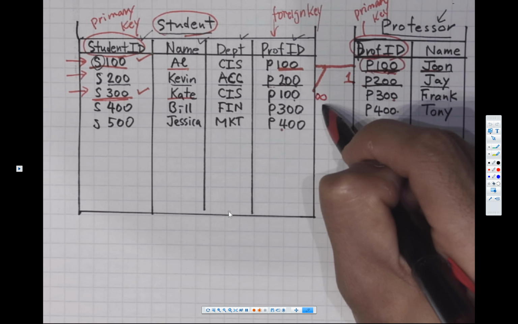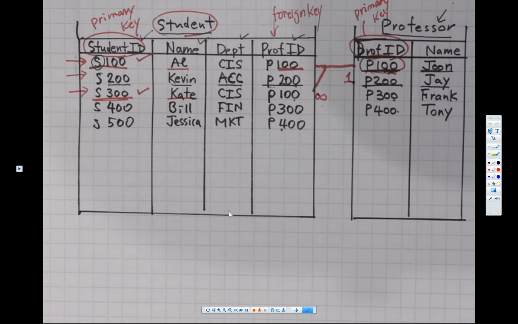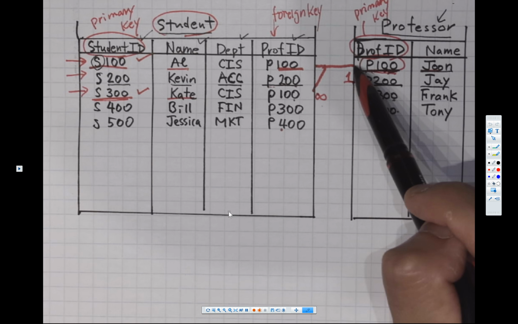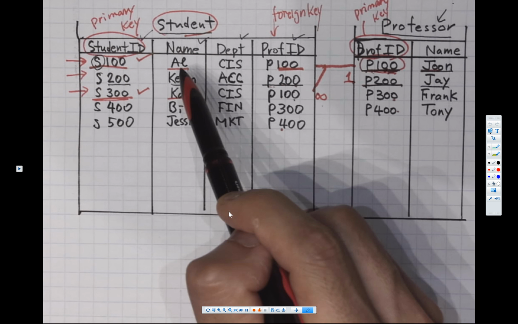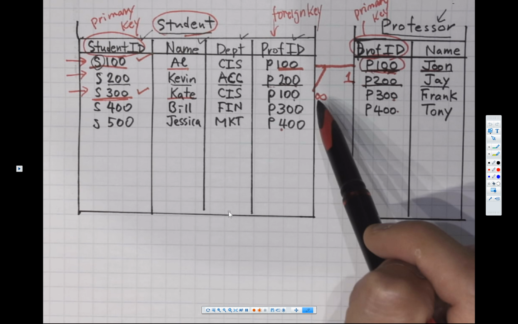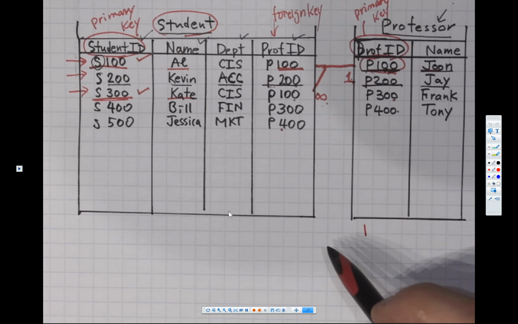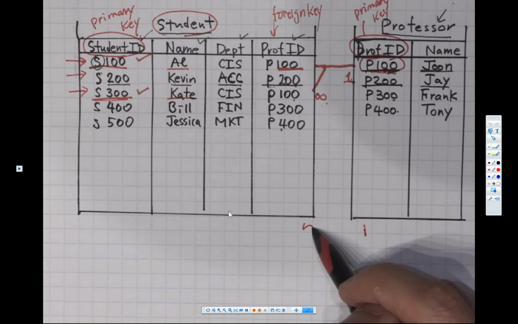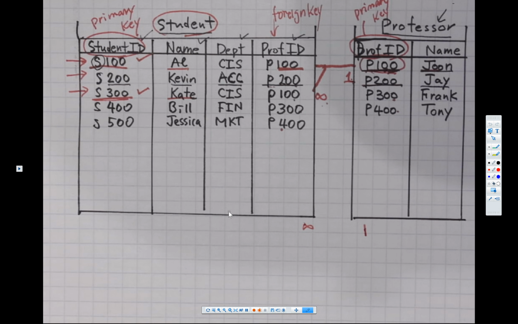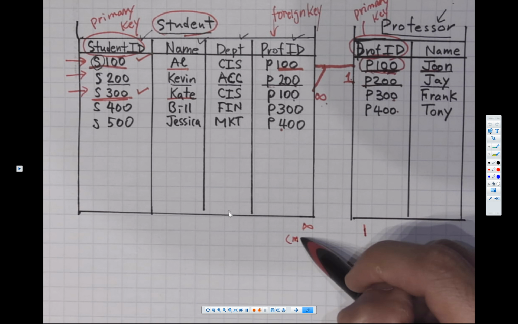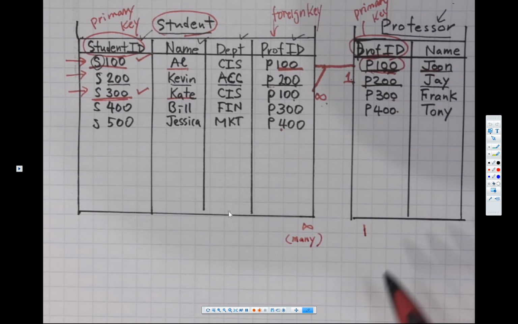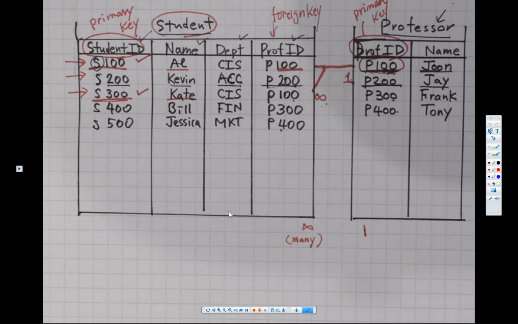By the way, this is the symbol for the one-to-many relationship. That means one professor advises two or more students, one to many. This is the symbol for many, so this forms a one-to-many relationship.